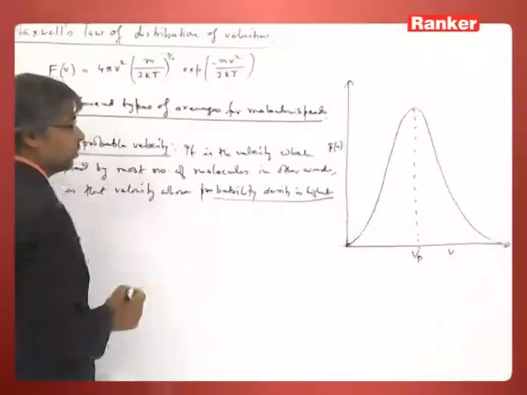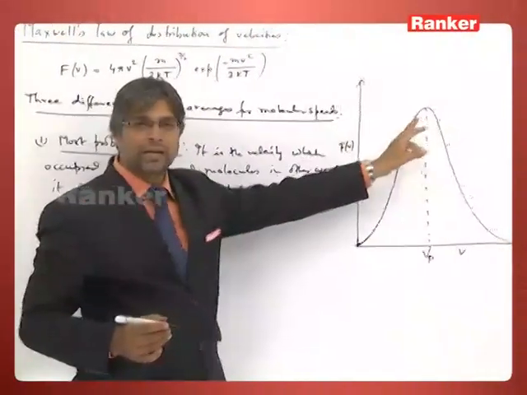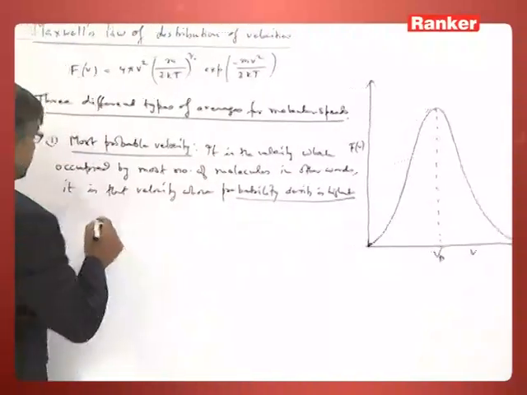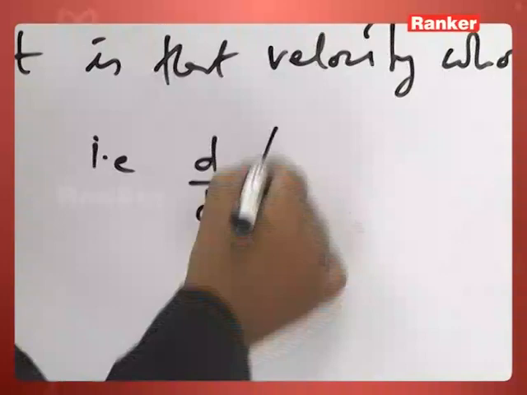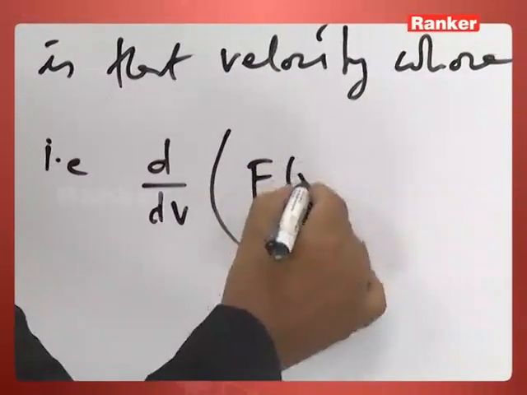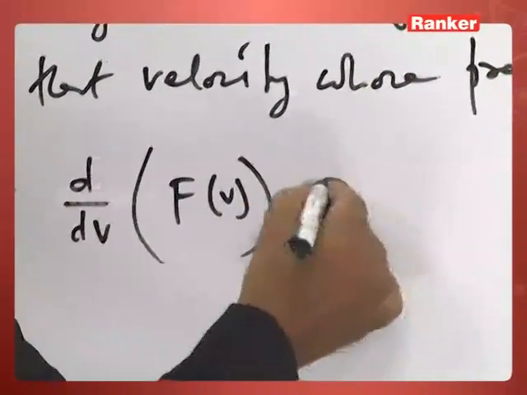So we know how to find when the probability density is highest, i.e. d by dV of f(V) is equal to 0.